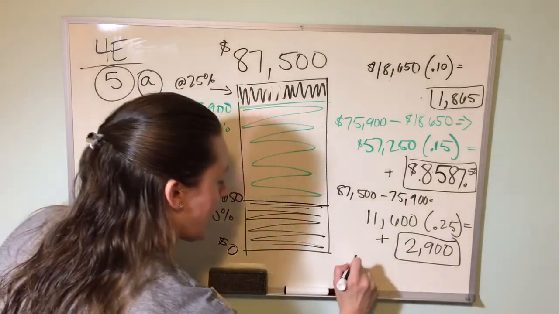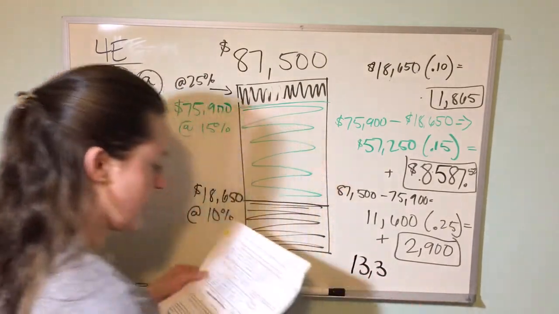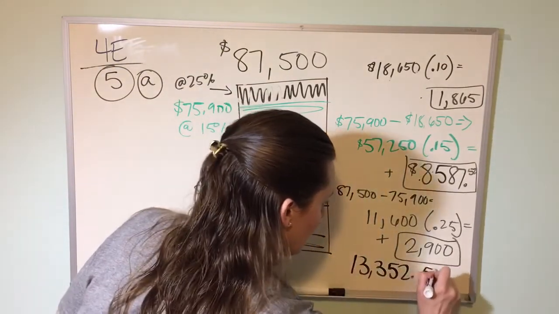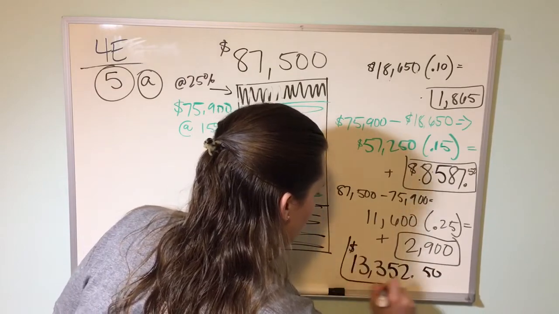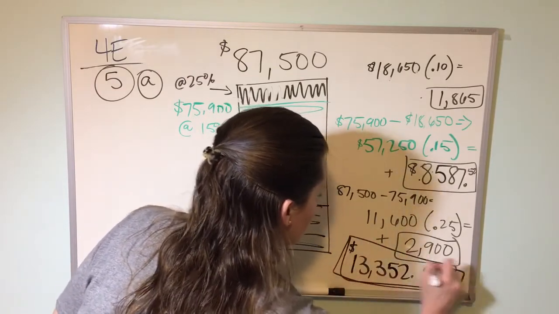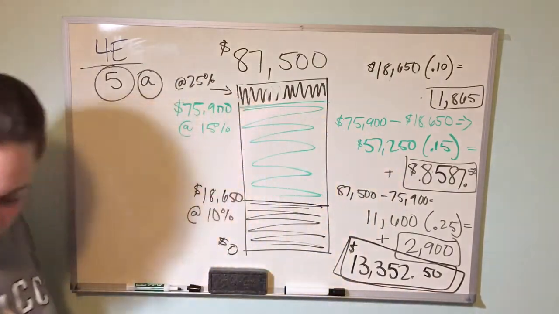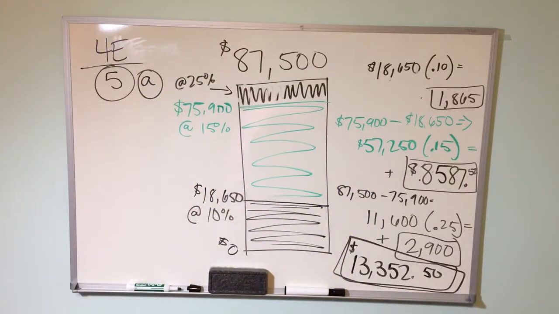I think you can see that. I got $13,352.50. It's my grand total. $13,352.50. And you say, well, that's a lot of money, right?